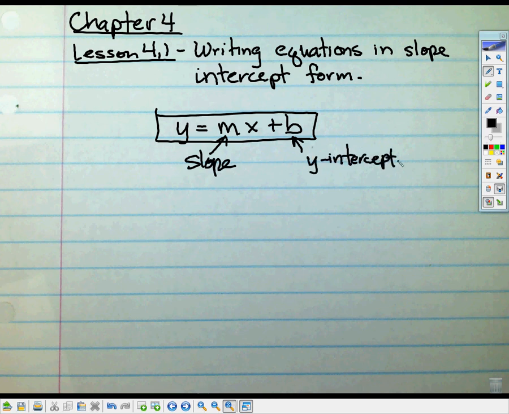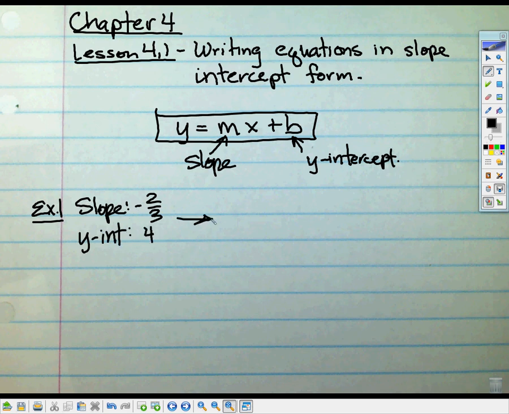Book will start you off with something that I think will be pretty easy. An example of a few of the problems that you'll do. They'll tell you that the slope is going to be something. For example, they'll say the slope is negative 2/3 and that the y-intercept is 4.